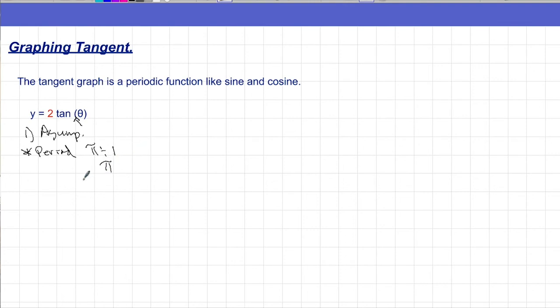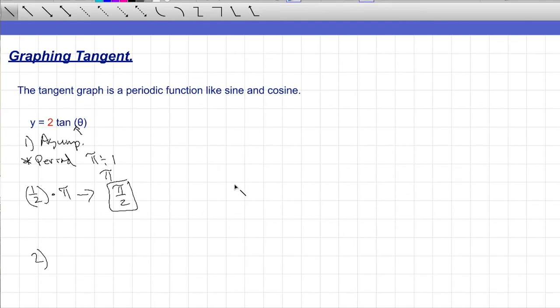So the period is pi, and the asymptotes occur at 1/2 times this period. So they occur at pi over 2. And there's two of them. And again, it's every interval of pi over 2. The next thing I'm going to do is find my high, low, and my origin guide. And I'm only going to complete one cycle for you guys.